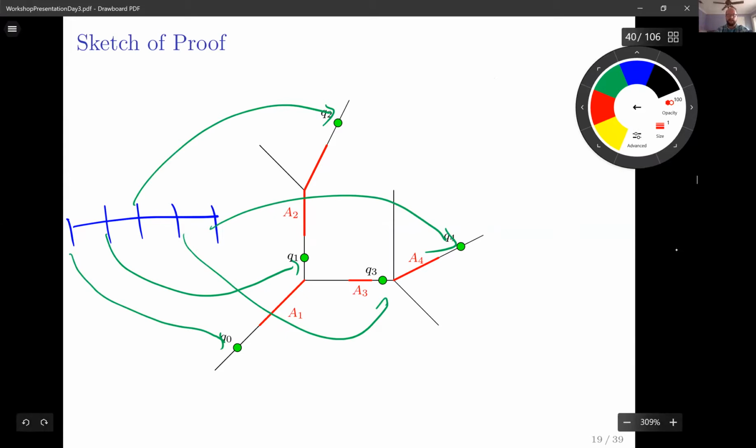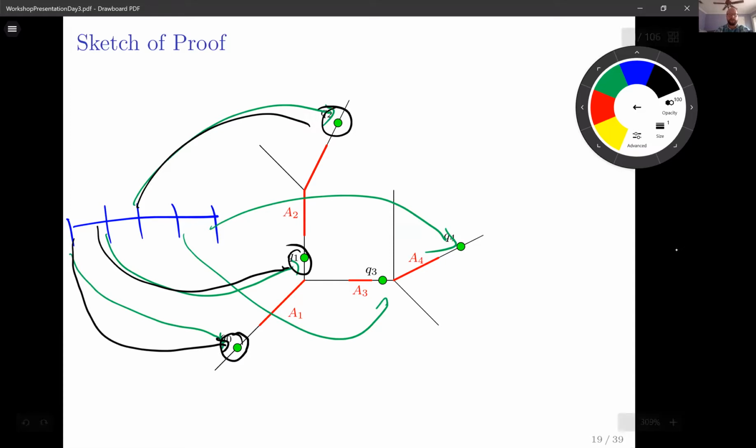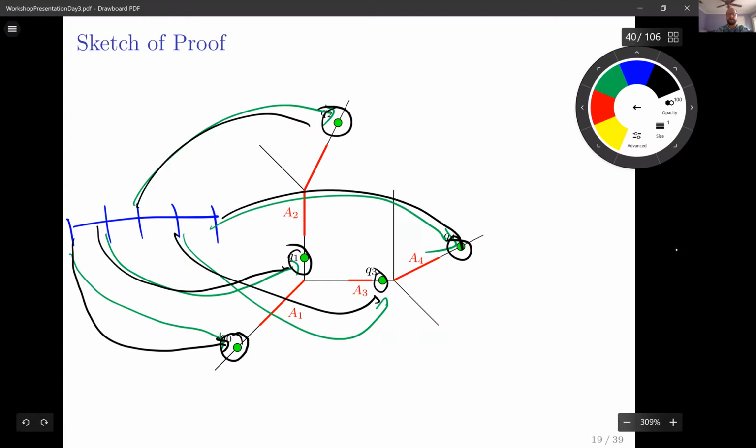Now, because of the way we've done this, if we're nearby, let's do this in black, then this point here maps into the delta ball around that point. This point maps into the delta ball around that point. This point maps into the delta ball around that point. This one maps into the delta ball around that point. And this one maps into the delta ball around that point.